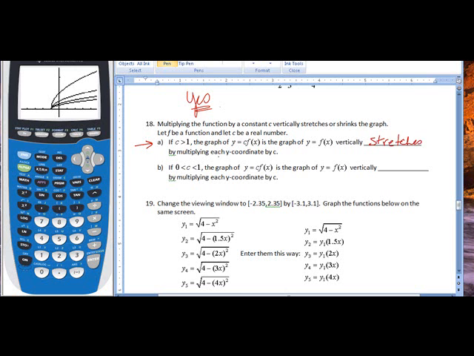So if you multiply by a number bigger than 1, it gets bigger. If c is a number between 0 and 1, so it's less than 1, then multiplying each of your y values by that number less than 1 is going to make it shorter, smaller, so this shrinks the graph by c.